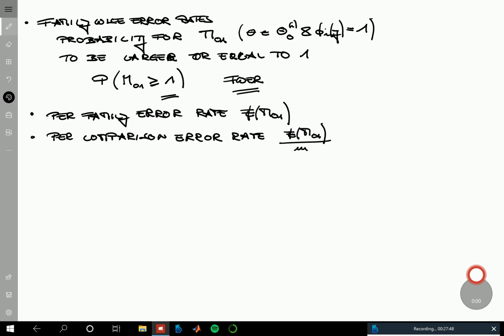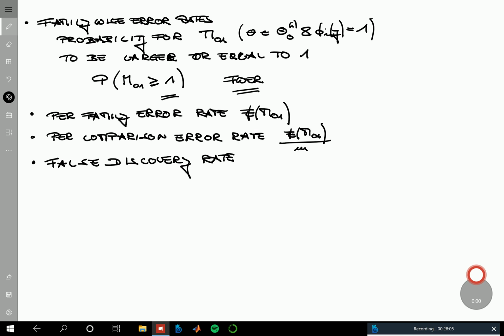And one thing that you likely will come across is the false discovery rate, which is often easier to get significant than the family-wise error rate. This is why it's often reported.